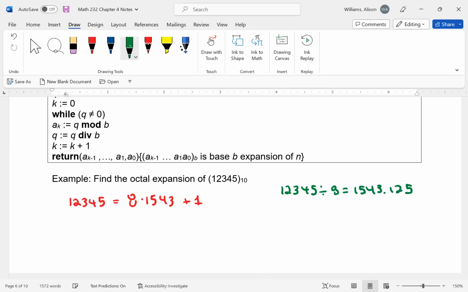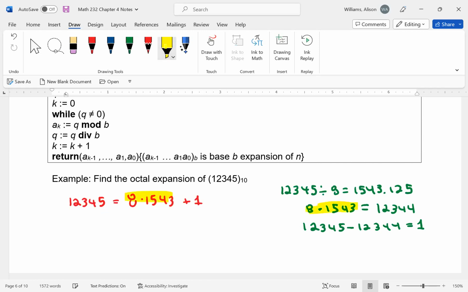Then I figured out what 8 times 1,543 is, and I got 12,344. And then I subtracted this number and got the remainder of 1. I didn't really need to do that subtraction, but there you go. So this became this part right here, and this became the 1 there.